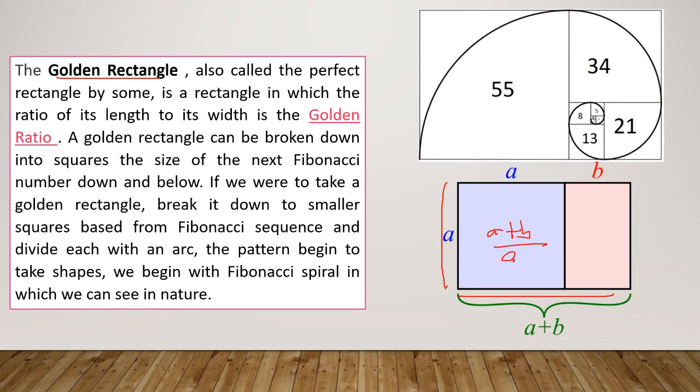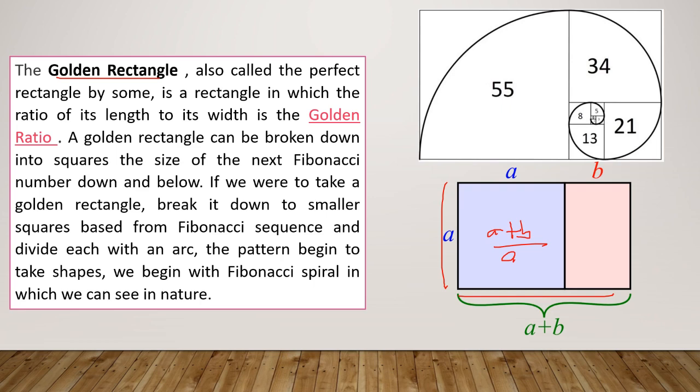Now, a golden rectangle can be broken down into squares the size of the next Fibonacci number down and below. If we were to take a golden rectangle, break it down into smaller squares based on the Fibonacci sequence, and divide each with an arc, the pattern begins to take shape.